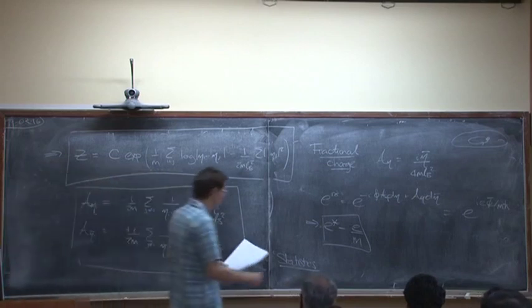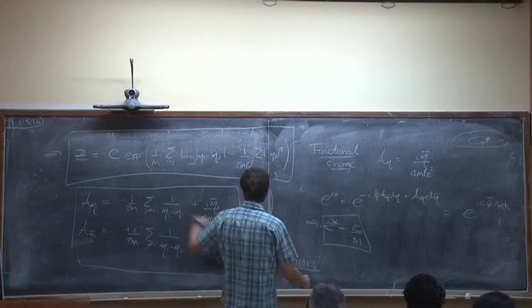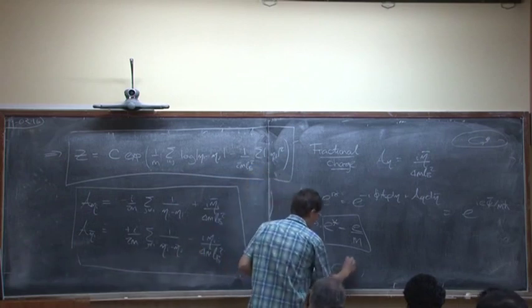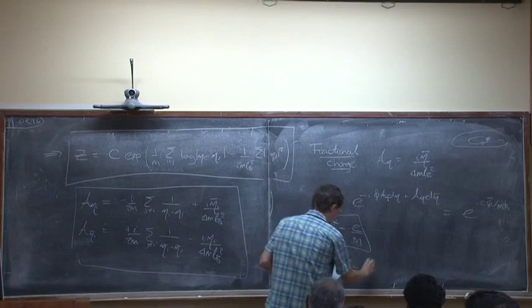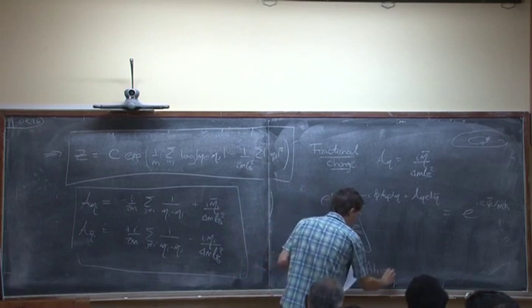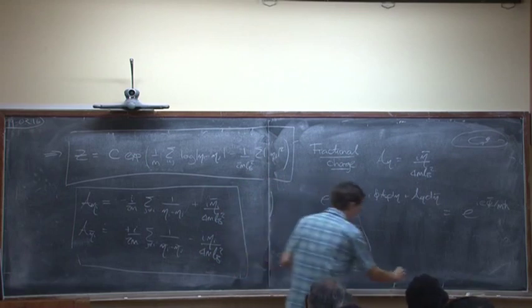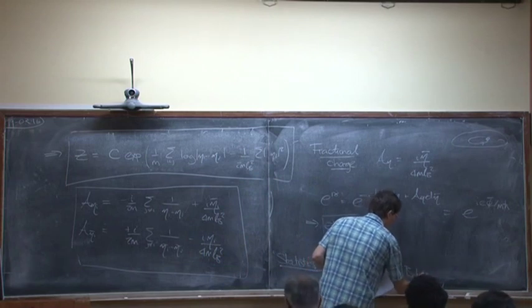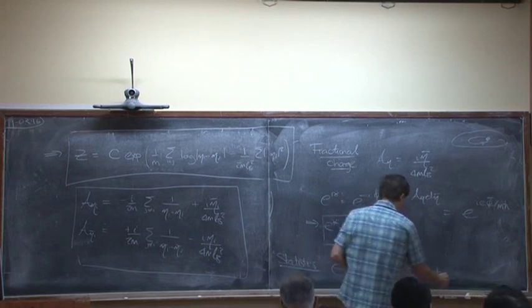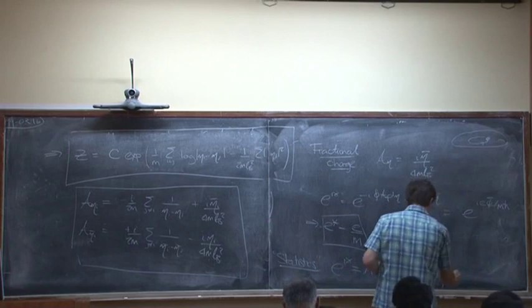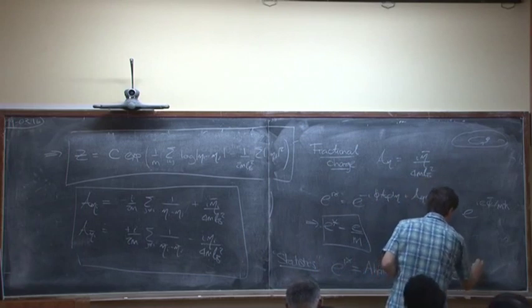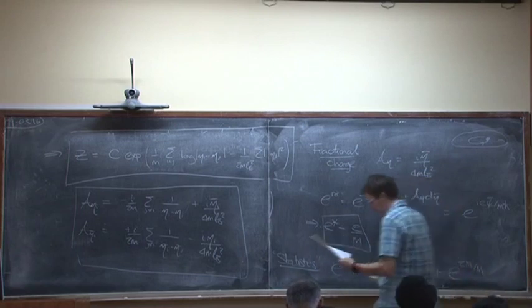So if you do fractional statistics, or if you do statistics, I won't do the calculation, but it's just one line, it's very easy to do. You get the Aharonov-Bohm phase. So this is the Berry phase: Aharonov-Bohm plus e to the 2 pi i over m.